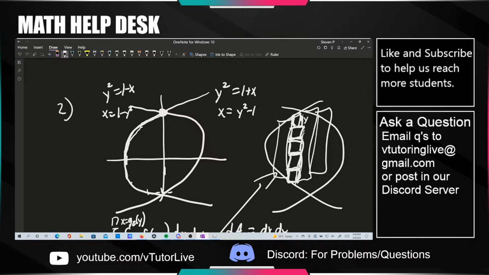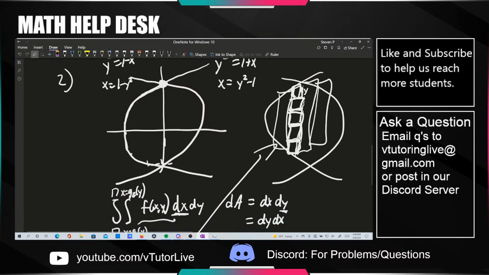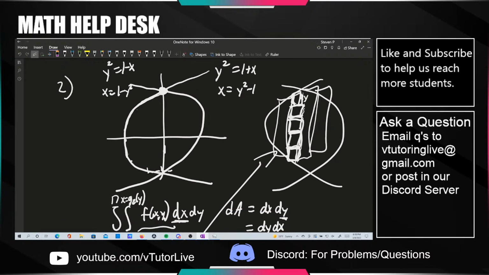And then once y gets more and more negative, x starts increasing again because of the square. Right? So, okay, that's good. So this is basically saying x is starting on the left-hand side over here, from the 1 minus y squared line, and it goes all the way over to the right, which is the y squared minus 1 line.